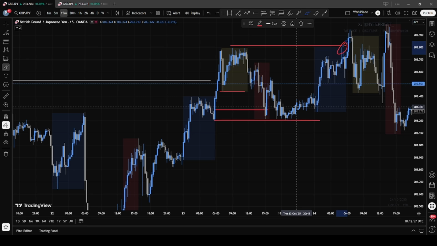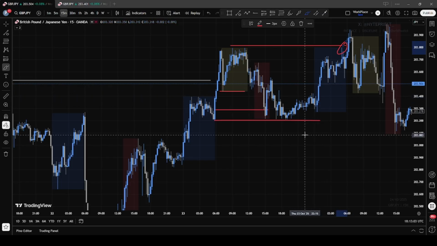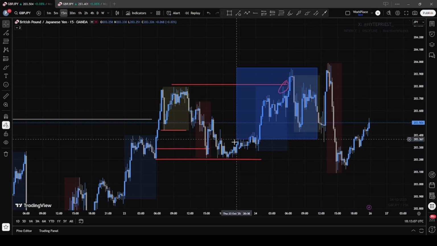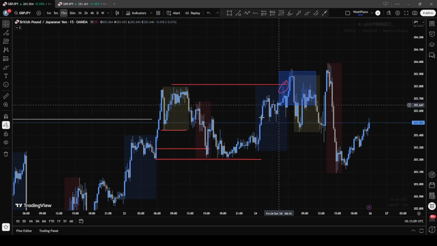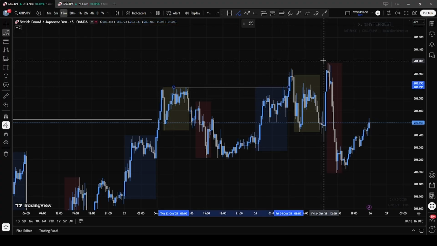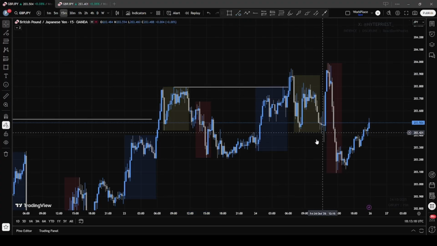Okay. So we've had a valid break of structure here to the upside. Okay. That's a valid break of structure to the upside.